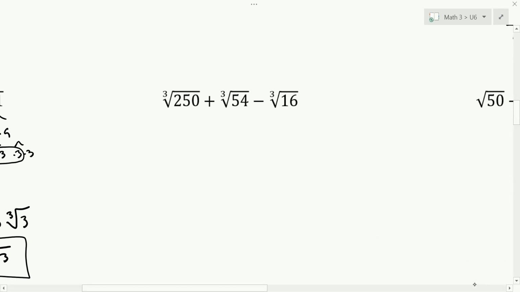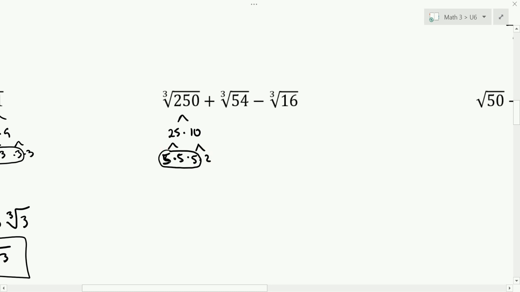So for the cube root of 250, we break that down to 25 times 10. 25 is 5 times 5. 10 is 5 times 2. And so we have 3 5s.